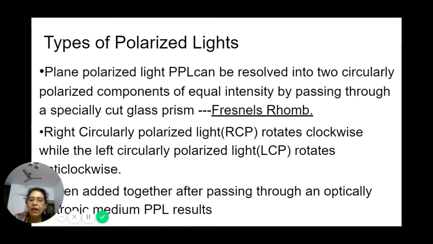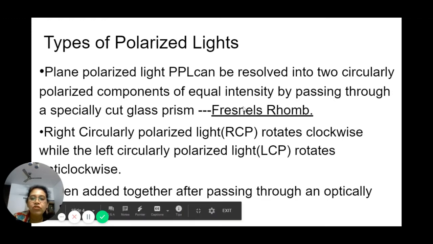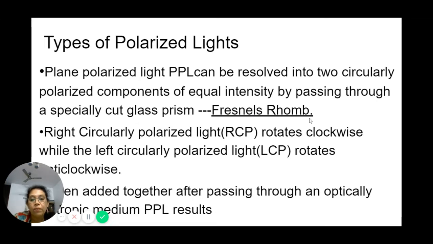In fact, when a plane polarized light is made to pass through a freshly cut glass prism known as the Fresnel's rhomb, then it gets resolved into the right circularly polarized light and the left circularly polarized light. And when these circularly polarized lights are passed through an isotropic medium, then you will get a plane polarized light. Now we will have to understand what is an isotropic, and the other kind of material is an anisotropic material. We will do it in next few slides.